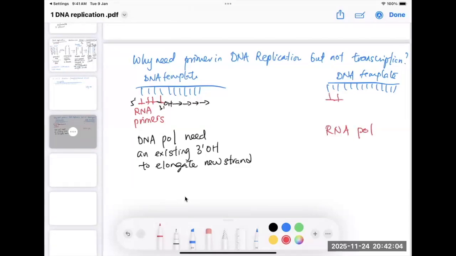So RNA pol will straight away add from 5' to 3'. It does not need an existing 3' OH. So that's why in DNA replication, you need the RNA pol called primase.